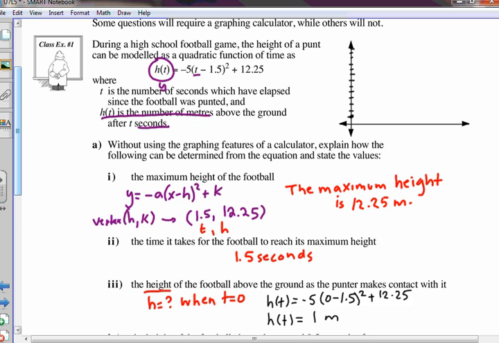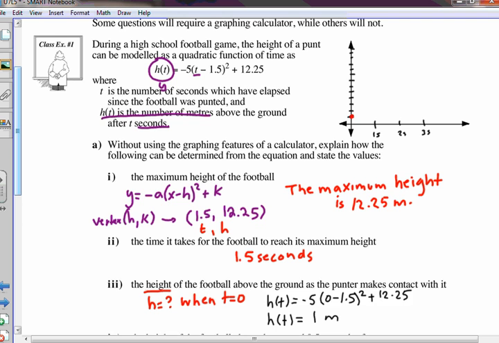And how many seconds is halfway, at our maximum value? 1.5. So we need to go at least to 3, maybe more. Right? So 1 second, 2 seconds, 3 seconds. Right? So our first point that we know for sure, we know that it left at 1 meter. What's another point we know? The maximum height was?